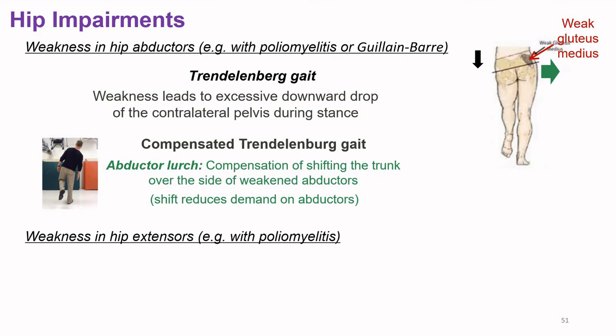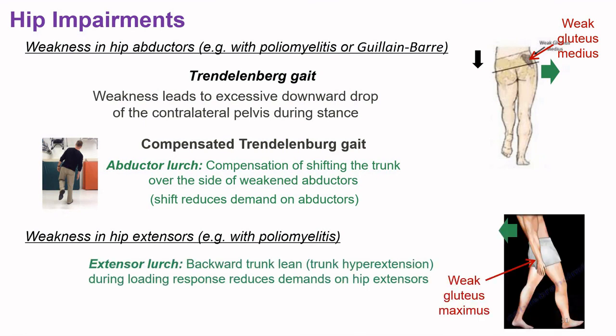Weakness in hip extensors can also be seen in patients with poliomyelitis. Hip extensors, such as the gluteus maximus, play an important role in stabilizing the movements of the HAT segments, most notably around heel strike.